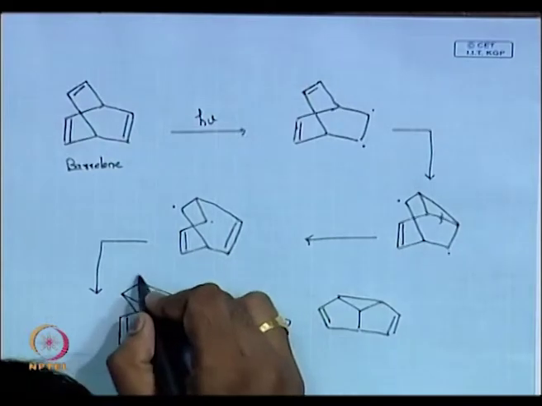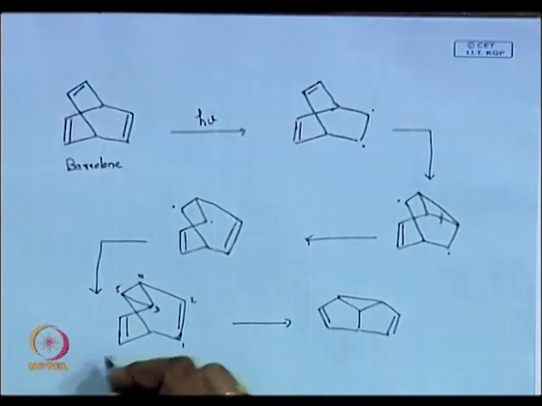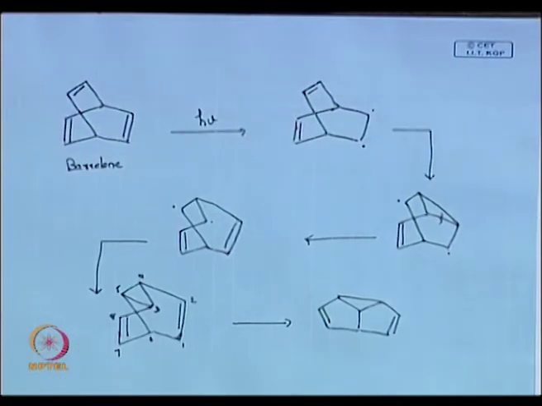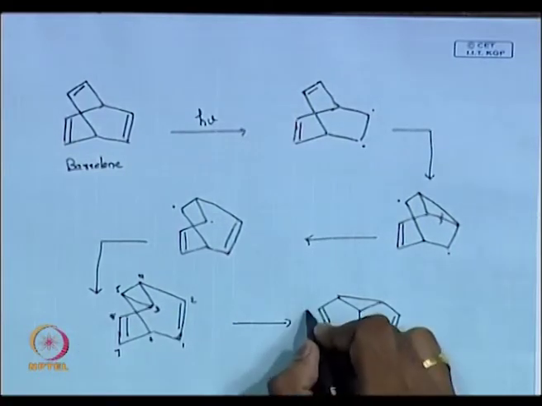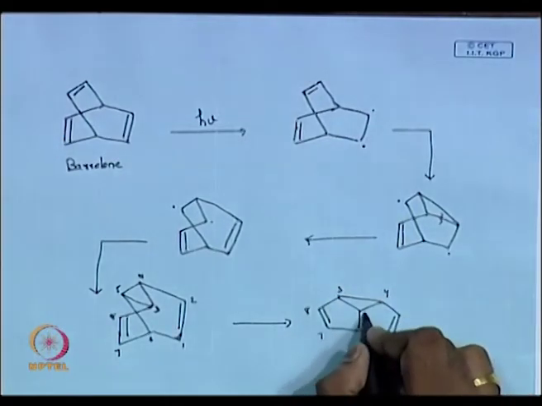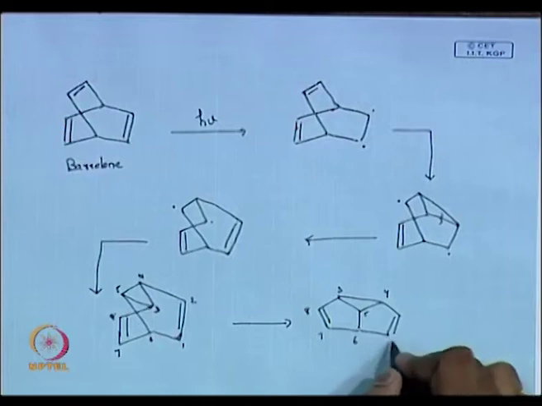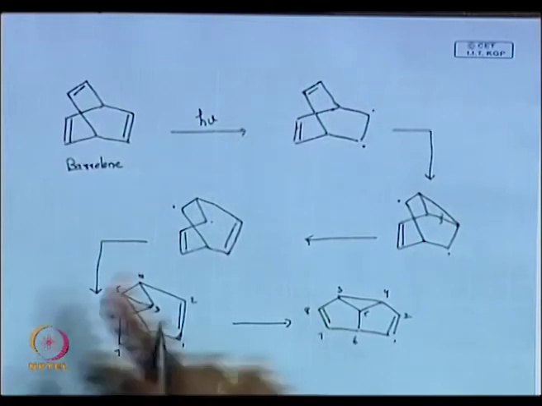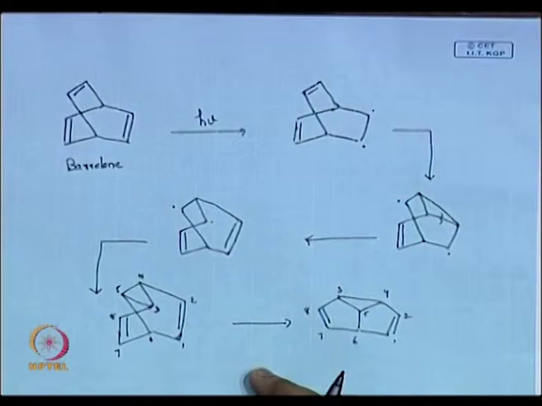If you want to label like this, I am just labeling for your understanding. 4, 5, 6, 7, 8. Then 7, 8. I just tell you how I have unfolded it. This is a nice example for di-pi-methane.